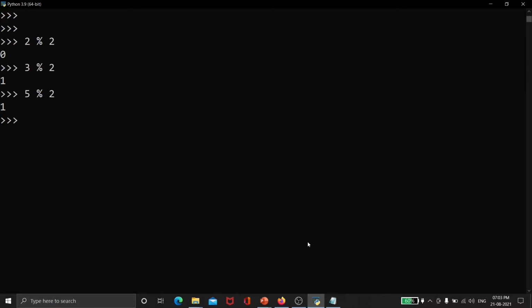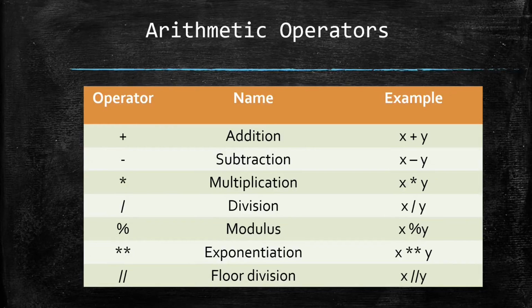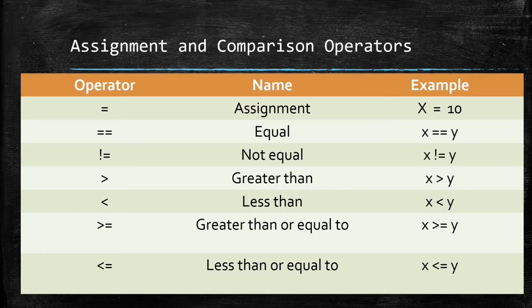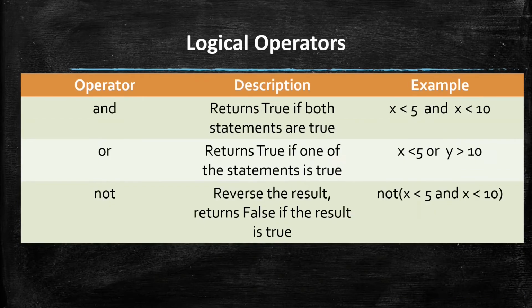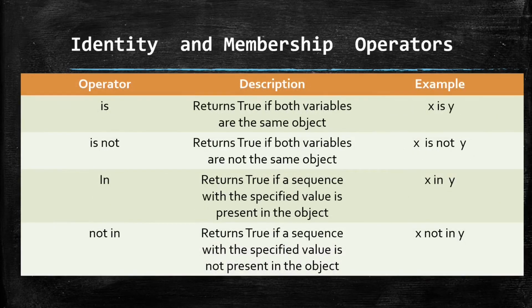Okay, that's all finished. Next we go for assignment operators and comparison operators. Assignment operators simply assign a value to a variable. Comparison operators just compare the values of expressions or values. Logical operators compare the results of two expressions and return a Boolean value accordingly. And identity and membership operators.